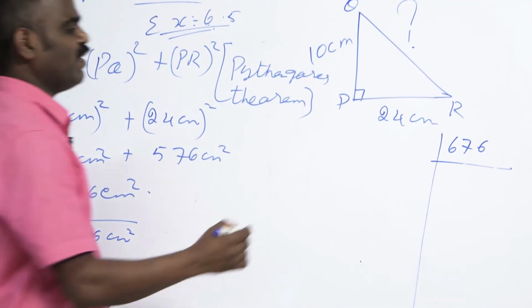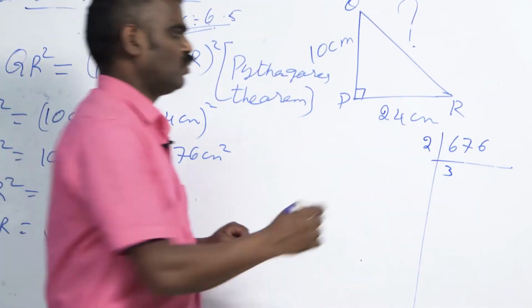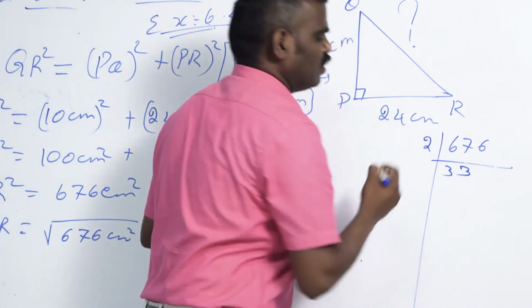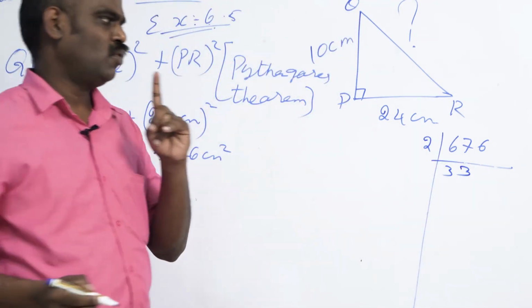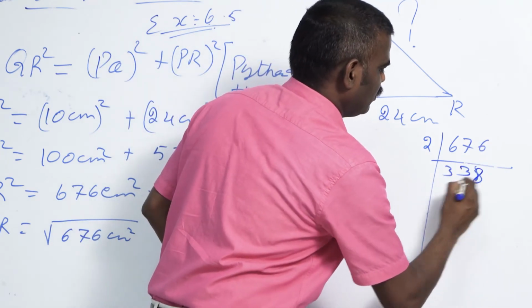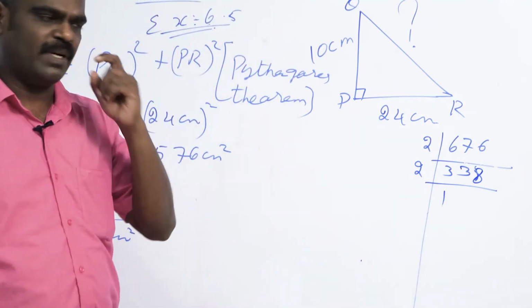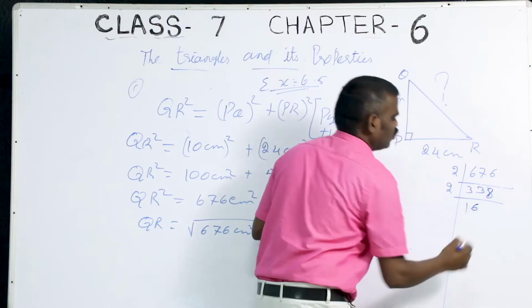676. 2 can do it. 2 3s are 6. 2 1 time, 1 remainder, 16. 2 8s are 16. Next, 2 can do it. 2 1 time, 1 2 2. 1 remainder, 13. 6 2s are 12.